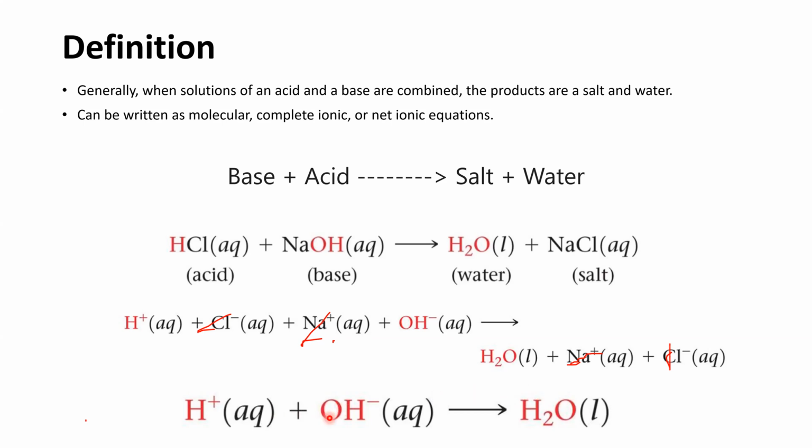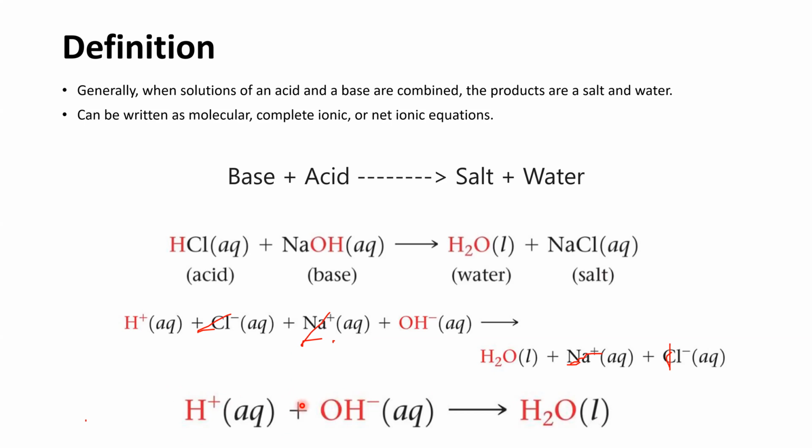The net equation is the equation which gives us information only about the charges which are directly involved in the reaction. So when acids and bases are participating, the ions directly involved in the reaction are H positive and OH negative in the aqueous medium.